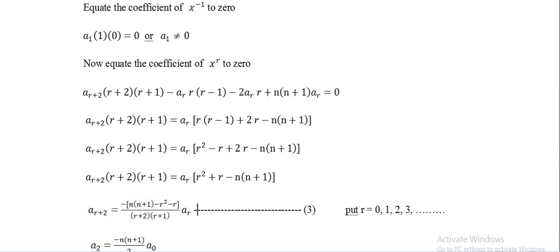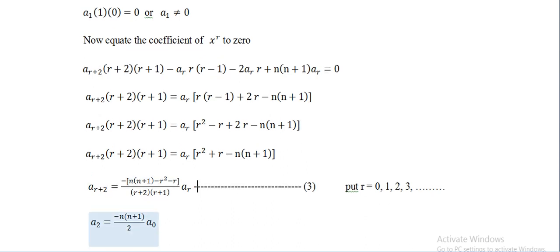So a(r+2) becomes a2, and here the r square and r cancel out, giving minus of (n plus 1), and the denominator is (0 plus 2)(0 plus 1), that becomes 2, into a_r, which becomes a0 when r is equal to 0.